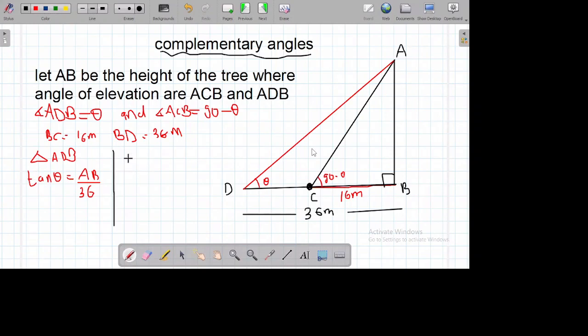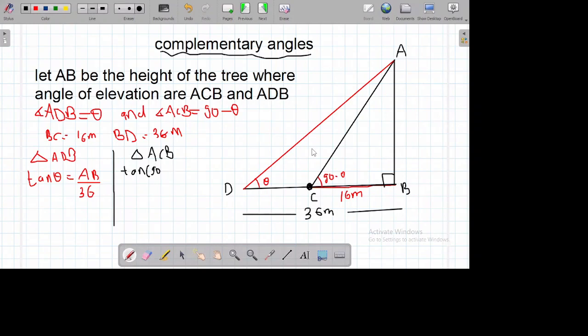Now let's go to the triangle formed by Christie, triangle ACB. Let's take tan 90 minus theta, because the angle formed by Christie is 90 minus theta.